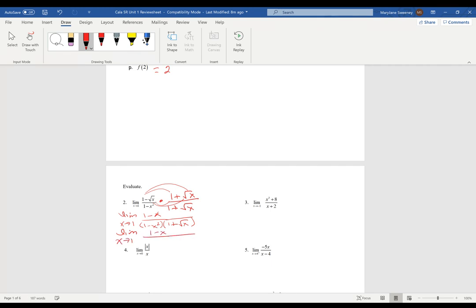On the bottom, we have a difference of two perfect squares, 1 plus x, 1 minus x. And then we still have that 1 plus radical x.